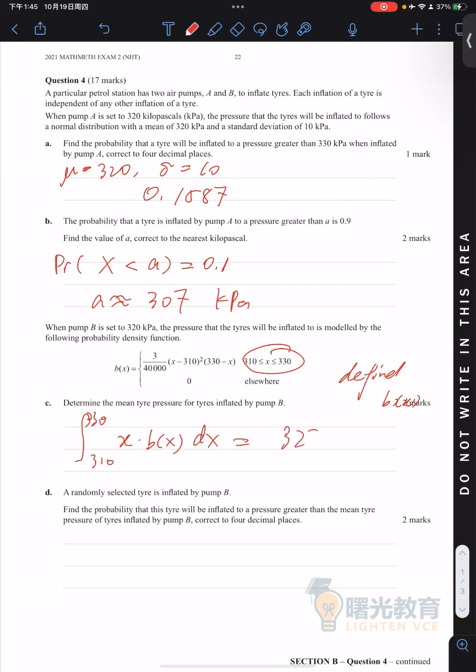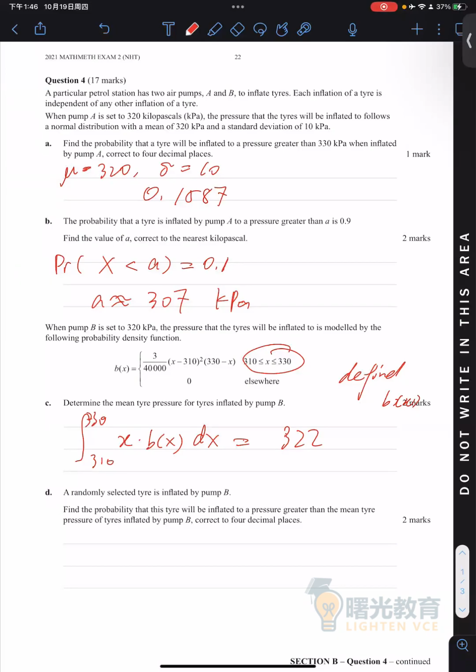All right. And for part D, a randomly selected tire is inflated by pump B. Find the probability that this tire will be inflated to a pressure greater than the mean tire pressure of the tires inflated by pump B, correct to 4 decimal places.